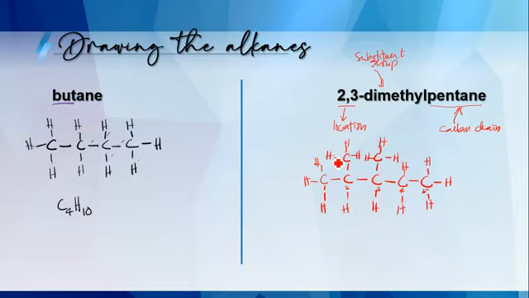And from this drawing, you are definitely putting the number correctly, because if you put number 1 starting from the right, your attached groups would be located at carbon number 3 and carbon number 4, which is not correct, because we want to assign the smallest number. So basically this is the structure for 2,3-dimethylpentane, right?